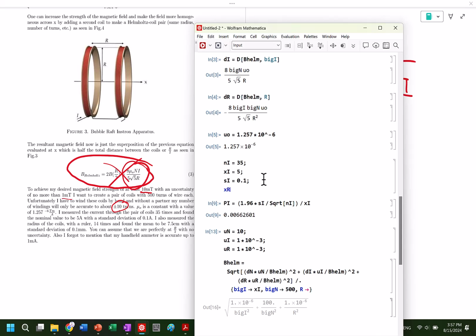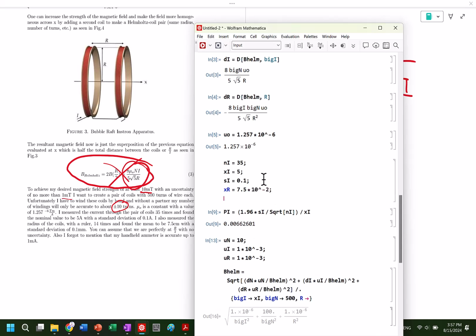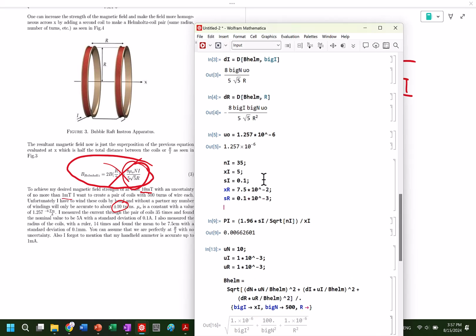So XR equals 7.5 times 10 to the minus 2. We also have SR is going to be equal to 0.1 times 10 to the minus 3. And then finally, NR is going to be equal to 14.